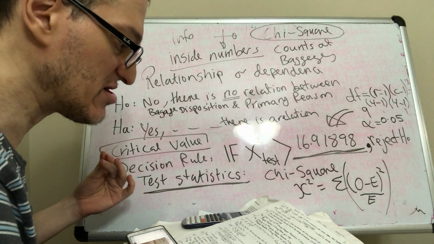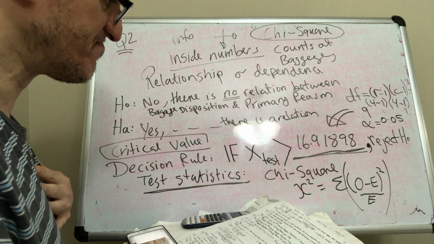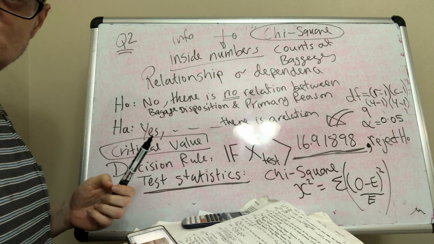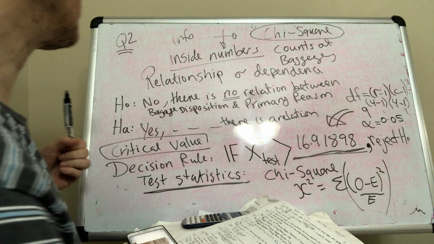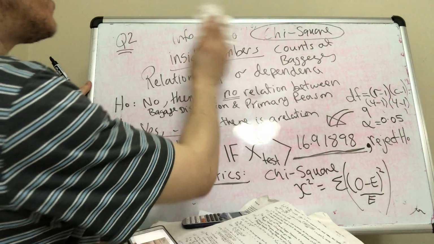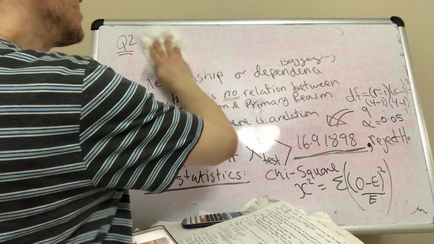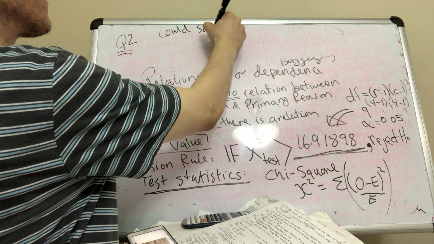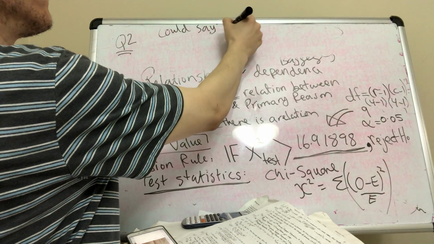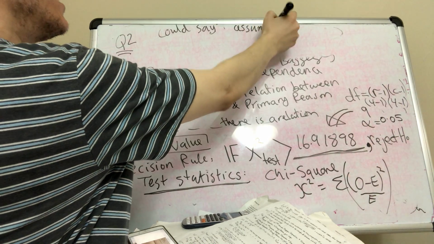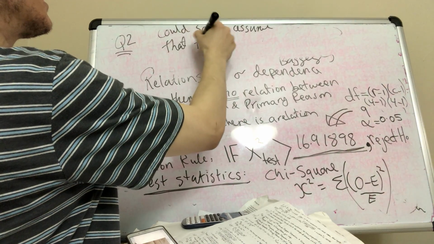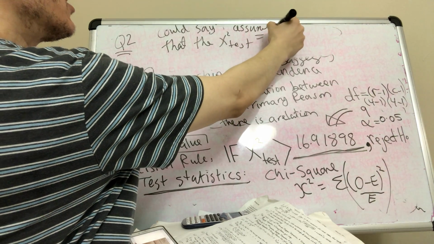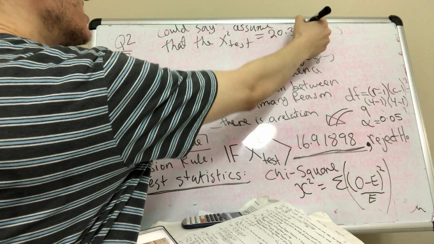And that's all. The only thing that I think she could change in this question, she could say, assume that the chi-square test is 20.39.